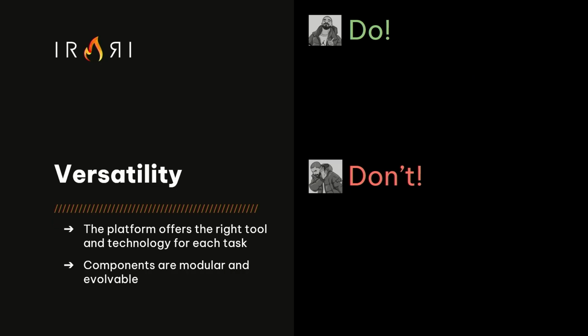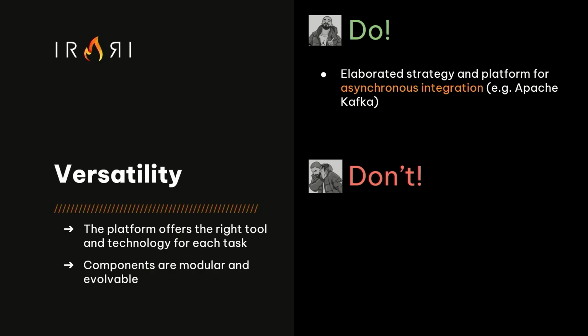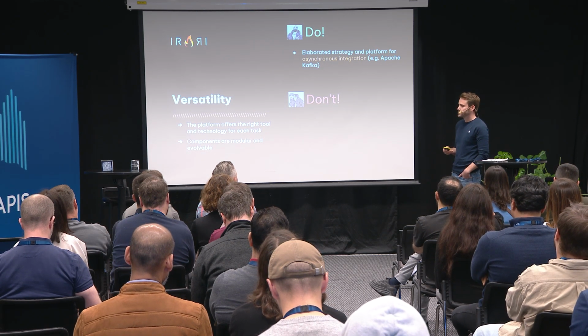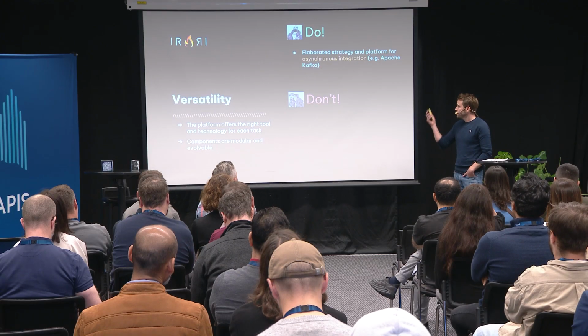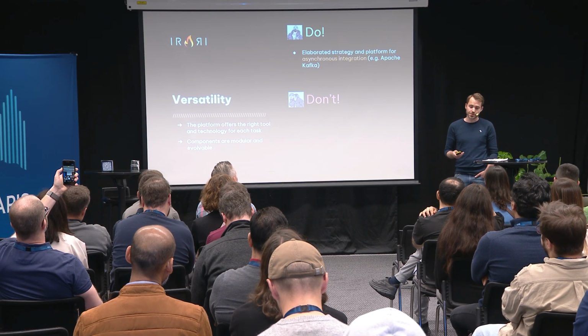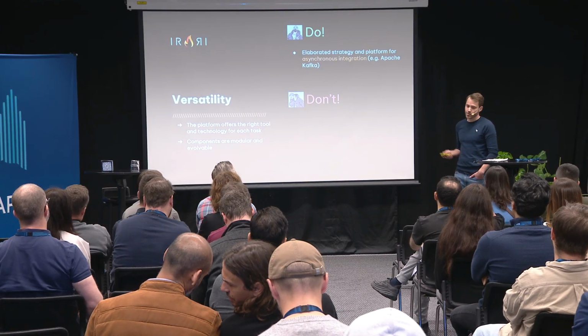Versatility. So what should we do here? Well, I think we should have an elaborated strategy and platform when it comes to asynchronous integrations. We mostly talked about APIs and RESTful integrations, synchronous things, but for instance, Apache Kafka or some cloud-native alternatives are really useful, I think, also.